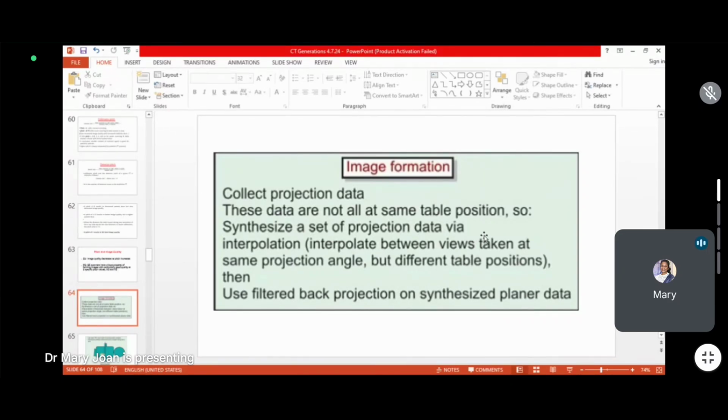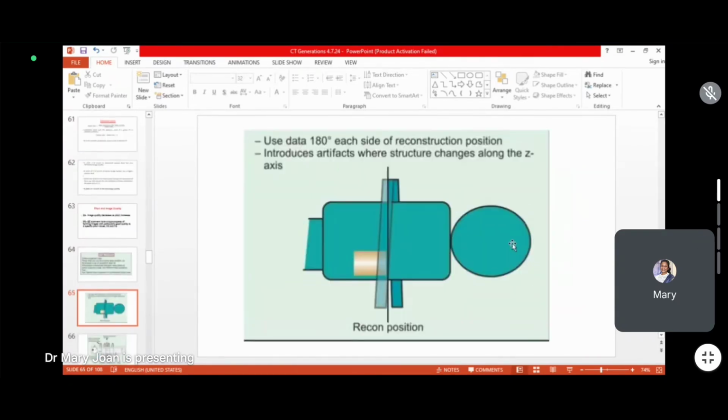So synthesize a set of projection data via interpolation: interpolate between views taken at the same projection angle but different table positions. Then use filtered back projection on the synthesized planar data. Use data 180 degrees each side of the reconstruction position. This can introduce artifacts where structure changes along the Z axis.